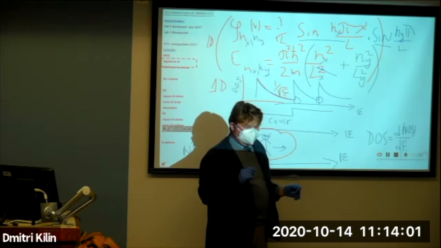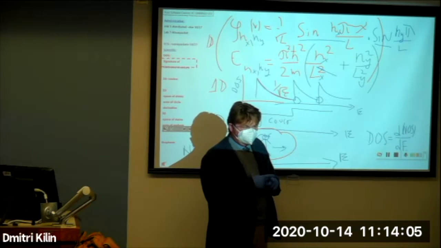If we live in rectangular space, the motion in x and y will be independent.